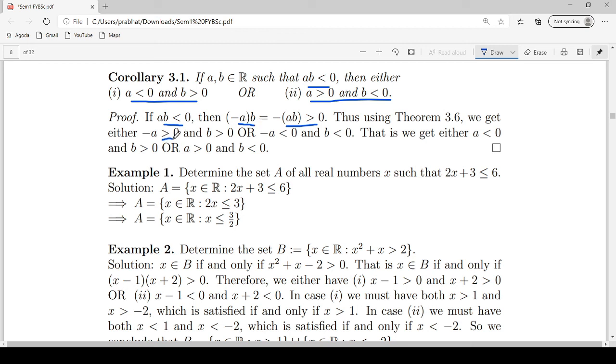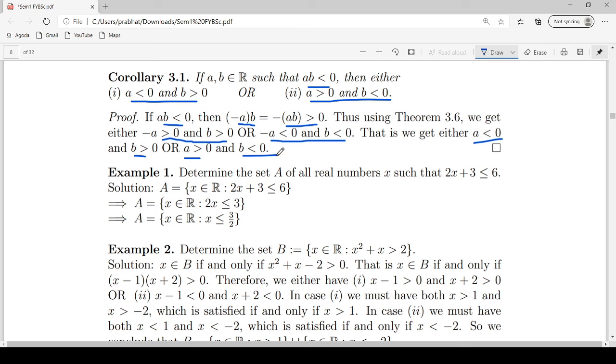Here I have written minus A is greater than 0 and B is greater than 0, or minus A is less than 0 and B is less than 0. That means, see, if minus A is greater than 0, A is less than 0. So you can say either A is less than 0 and B greater than 0, or A is greater than 0 and B is less than 0.